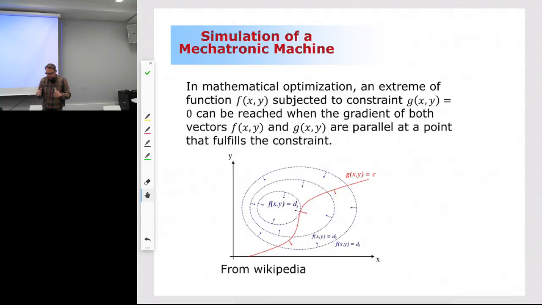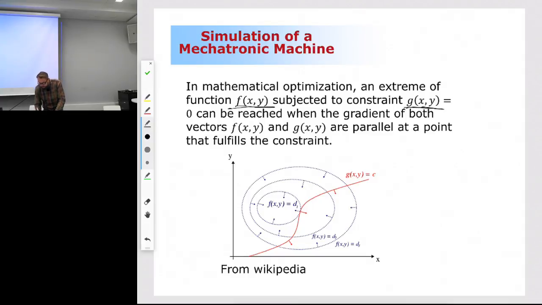So we know that when there is a function f of x and y that is subjected to a constraint, one way we can find an extreme of the function without violating the constraint, and this is just pure math, is to take a look at the gradients of the function itself and the constraint.